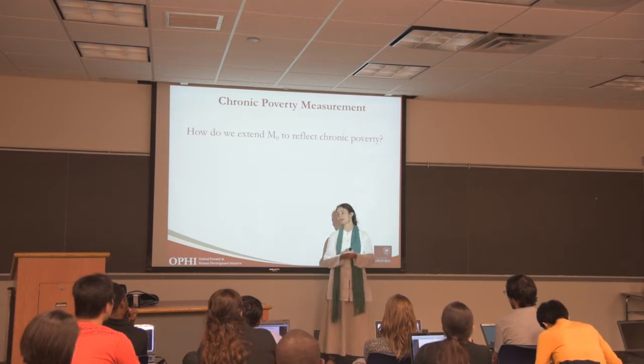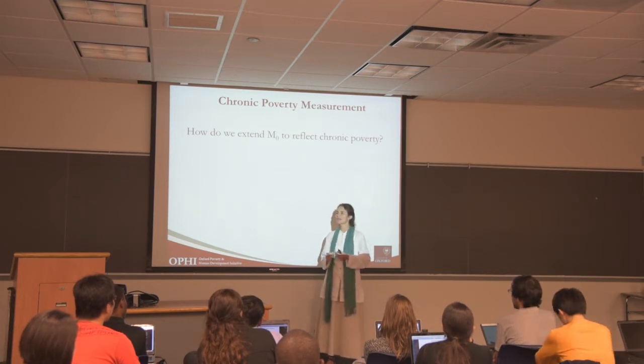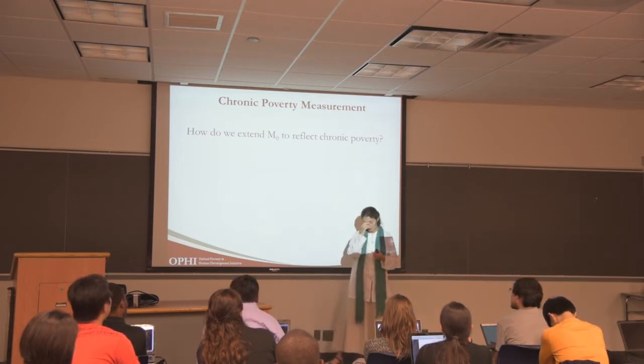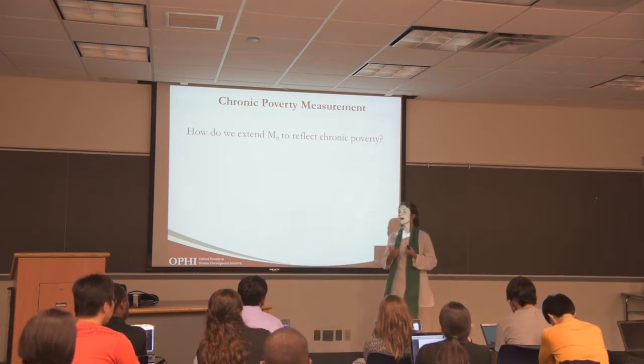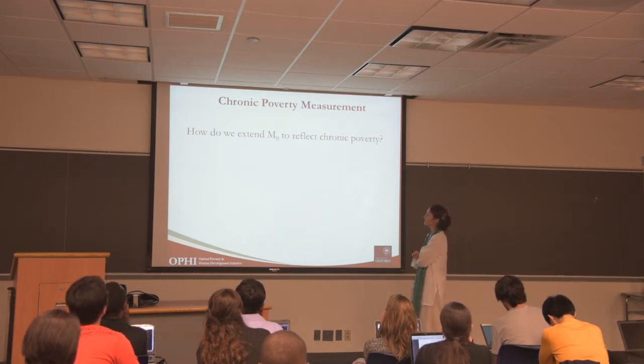The reason we do that is that policymakers really probably want to look at poverty across time. And so for policy purposes, you can do this, and there are also axioms about time that we satisfy, time monotonicity.